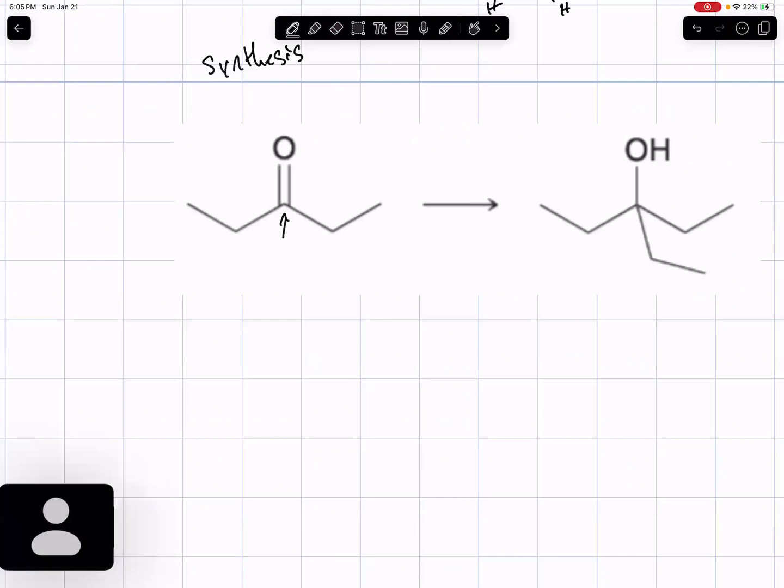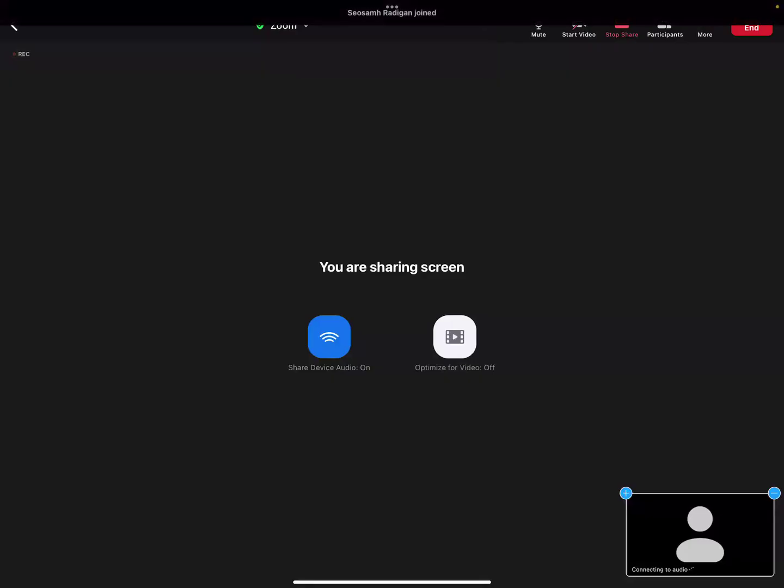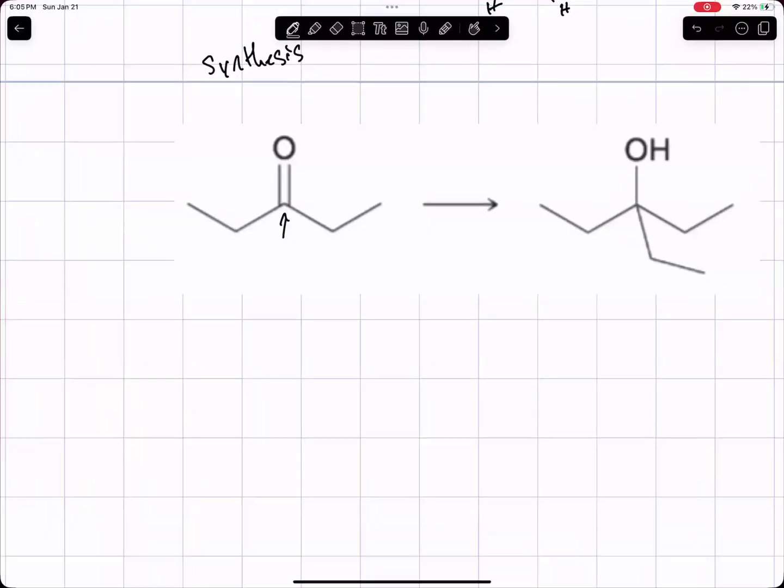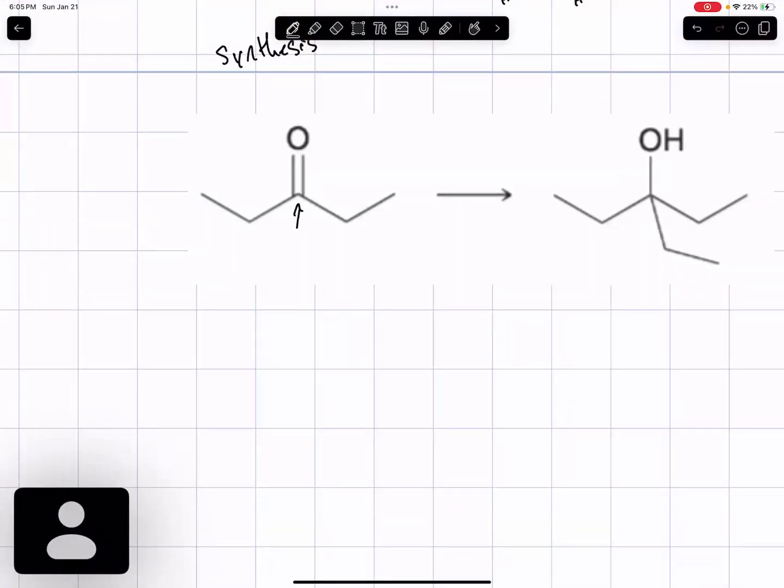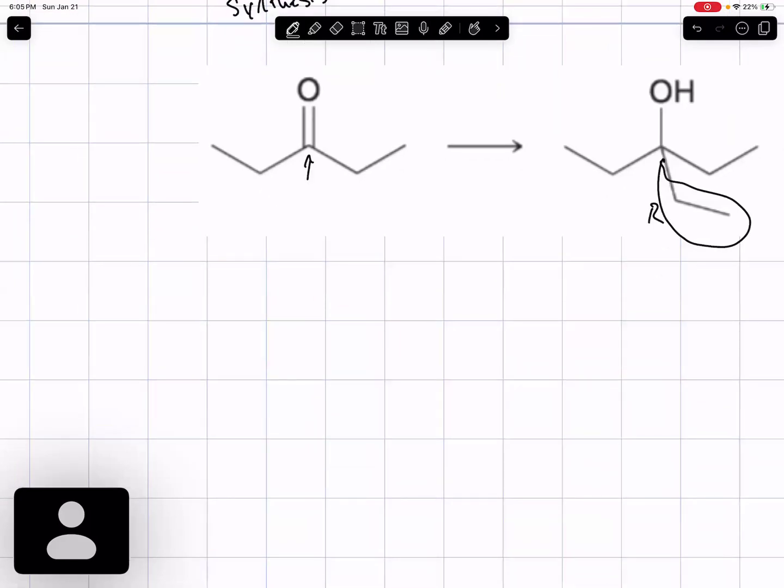So basically, all you really have to understand is that we're adding this R group somehow, and we're going to add that R group via a Grignard reaction. And we've learned how to do Grignard reactions now.